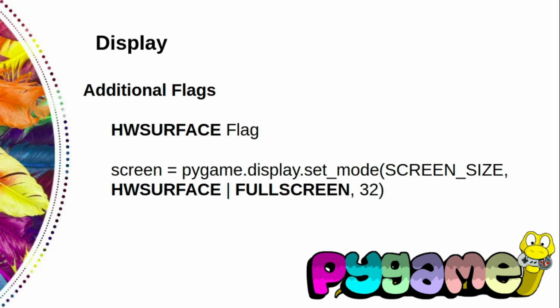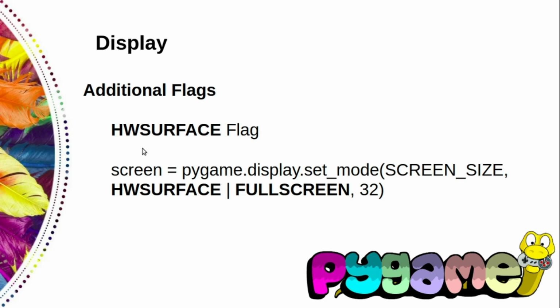It is usually best to use the value 0 for window display and FULLSCREEN for full screen display to ensure your game will work well on the platforms. If you know what you are doing, you can set a few advanced flags for extra performance. And also there is no harm in experimenting.